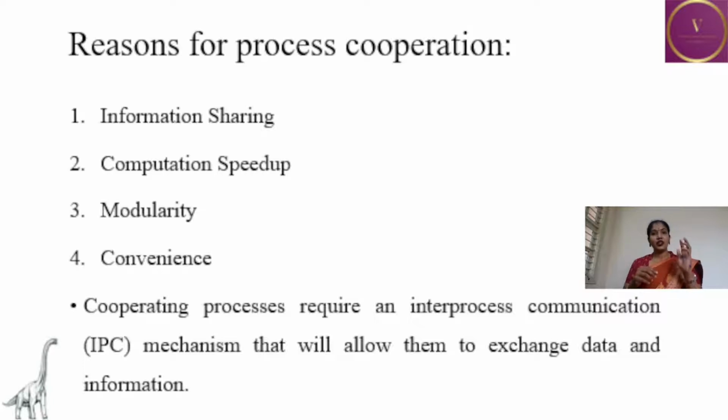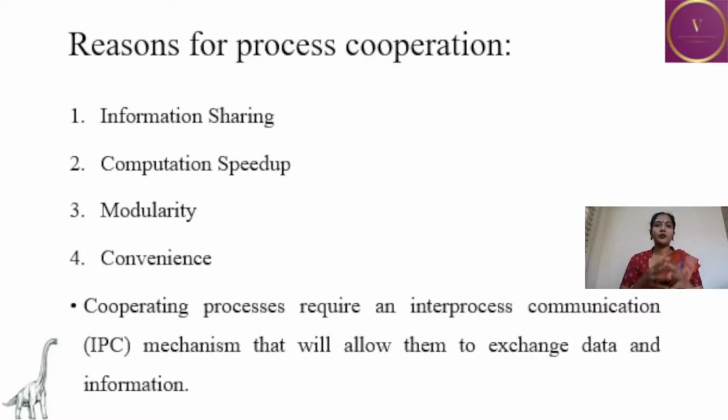When several users are interested in accessing the same information, we must make sure that the information is accessed by all the users concurrently, which means that when they try to access the same piece of information, it should be available for all of them at the same time. Information sharing is one main reason why we go for process cooperation, as different users are able to access the same information with different processes.